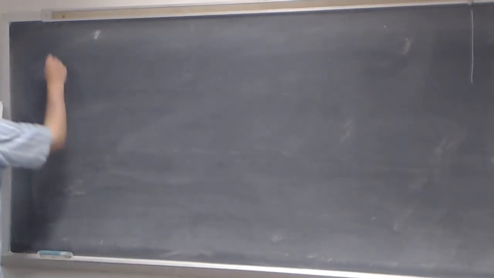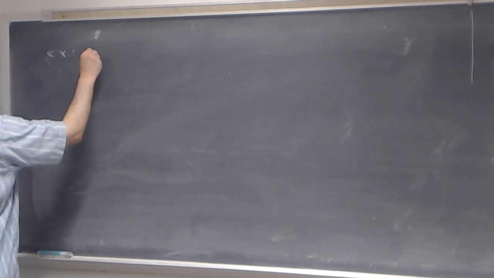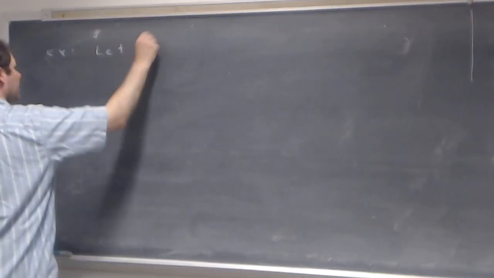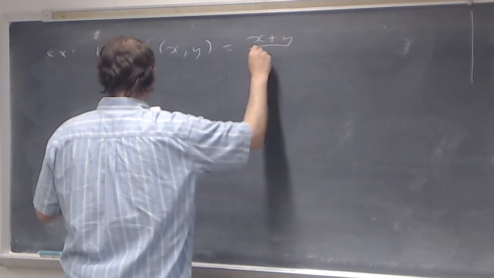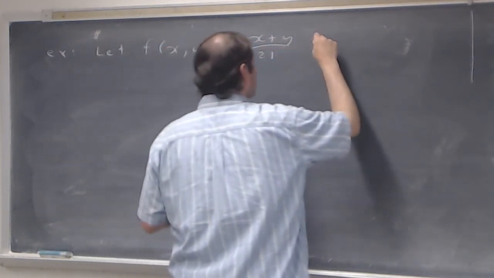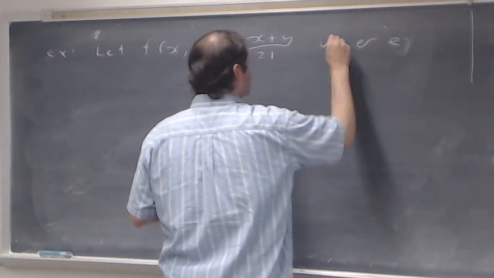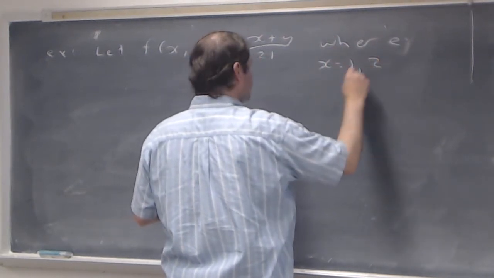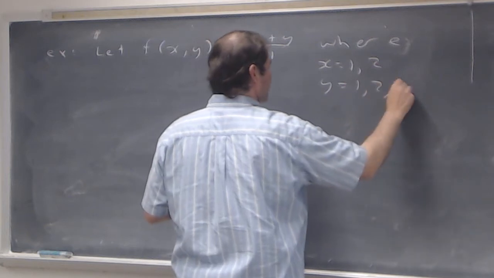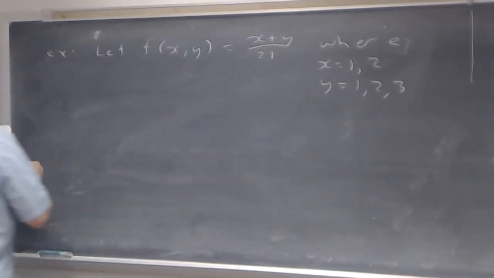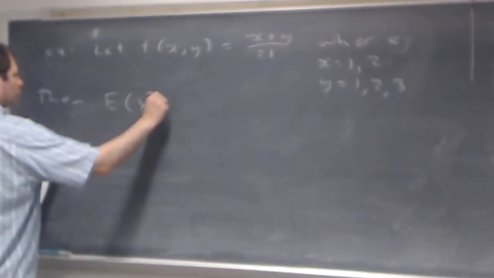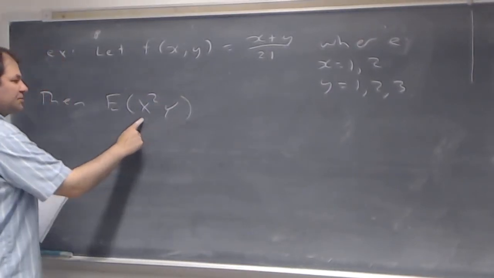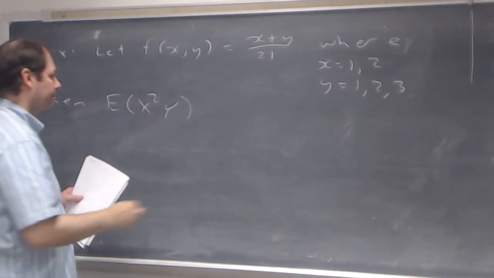So in particular, we'll look back at an f we've used before. We'll let f of x comma y equal x plus y over 21, where x could be equal to 1, 2, and y could be equal to 1, 2, or 3. Then what we're going to find is the expected value of x squared y. This is g of x, y, it's x squared y.